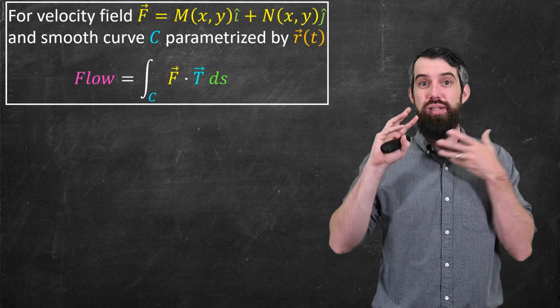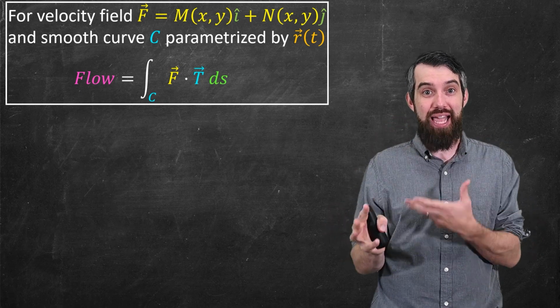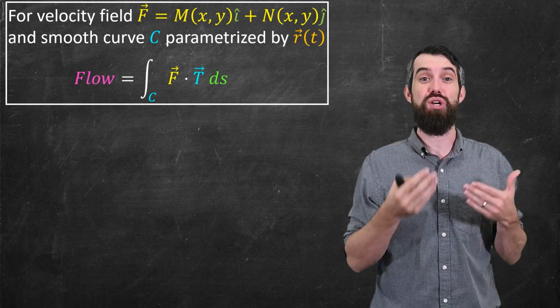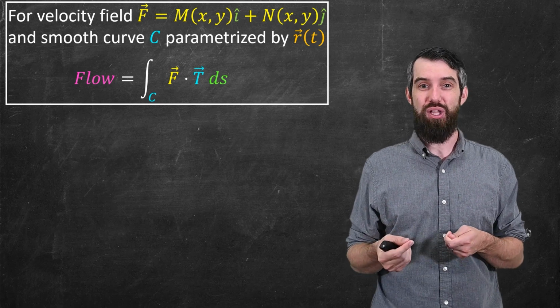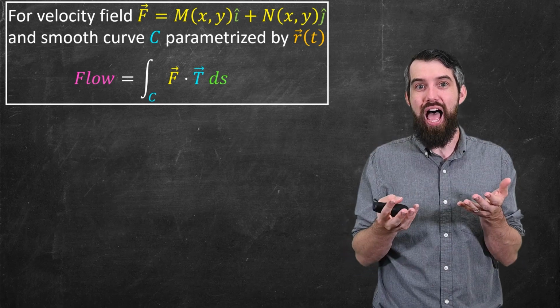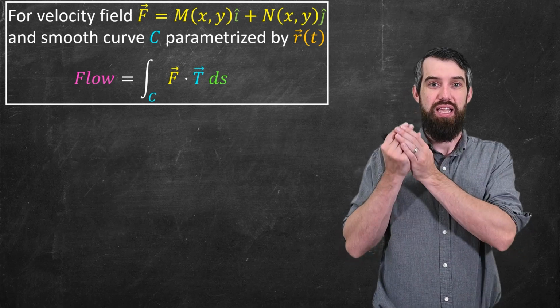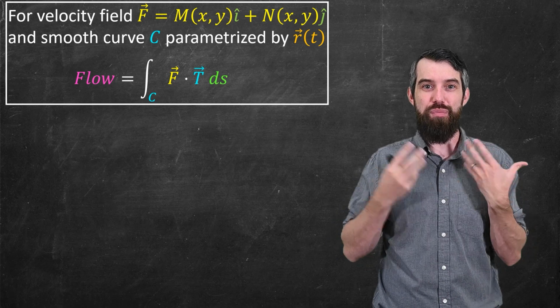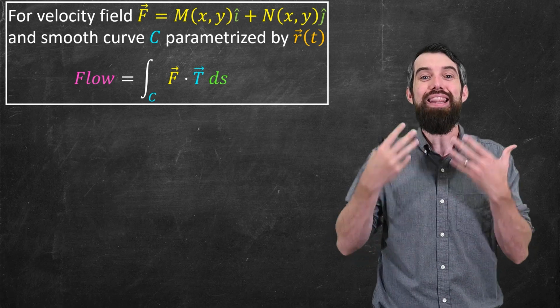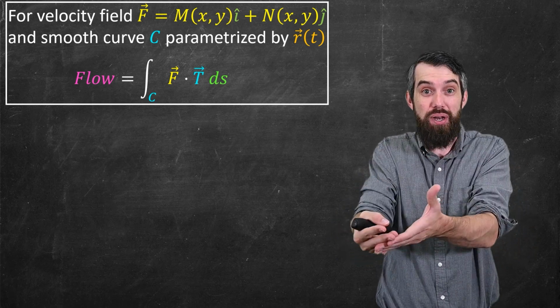So the actual line integral, the mathematics of it, is the same. What's changed here is the physical interpretation. Again, if I look at the integrand, F dot T, T is the tangential vector to the curve. I'm saying I want to add up the contributions of the field in that tangential direction.